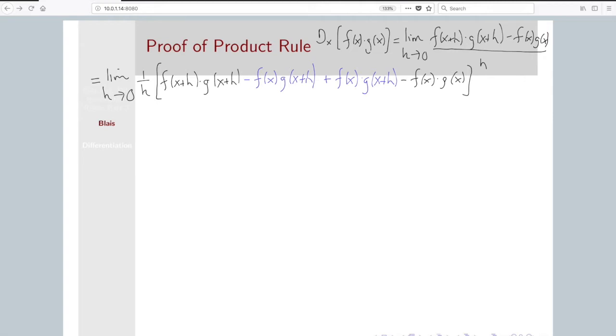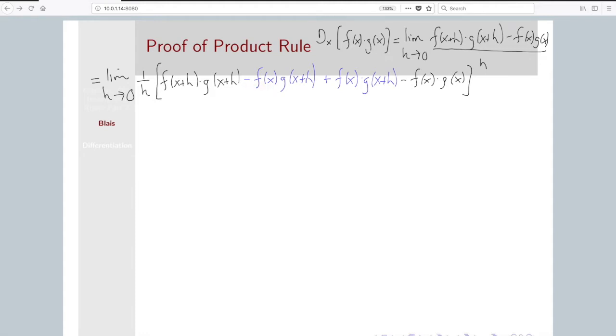But we now can group things in the following way. We want to take this g of x plus h term that's paired with the f of x plus h term as well as the f of x term.